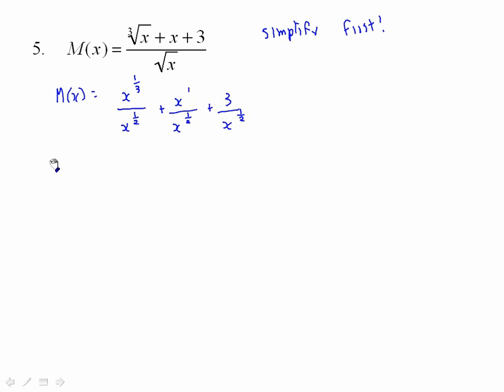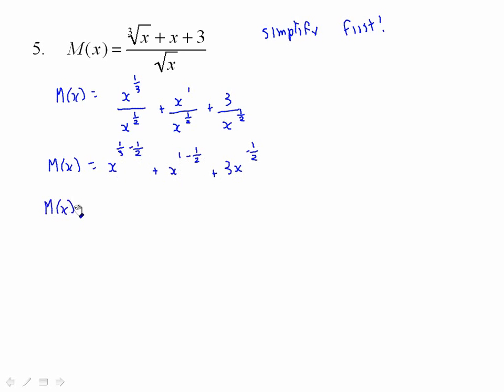And then we can turn this into just a regular question that does not require us to use any of the rules. So this is x to the 1/3 minus 1/2. We subtract exponents, plus x to the 1 minus 1/2, plus 3x to the negative 1/2.